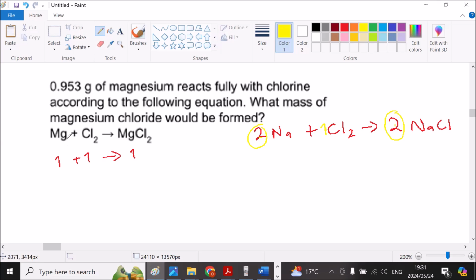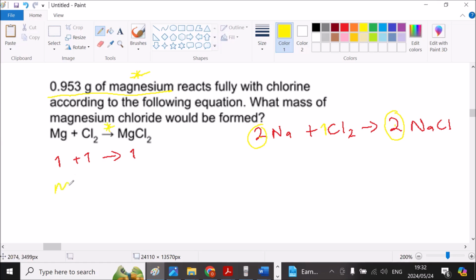If we have 6.02 times 10 to the power 23 atoms or molecules, then we have a mole. So the formula gives us the ratio of moles, but here we are given grams of magnesium. We have to convert these grams into moles so that we can compare. So we want the ratio of magnesium to magnesium chloride.